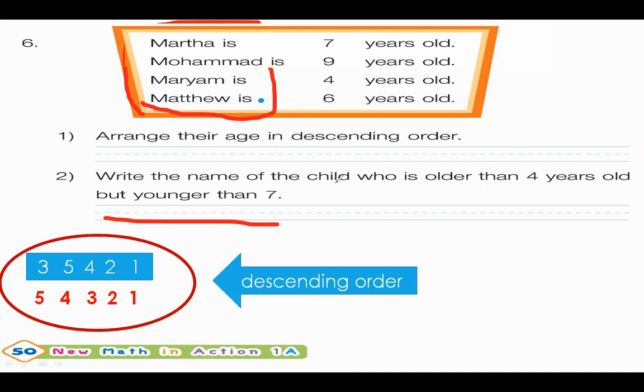Again, a child who is older than 4 and younger than 7. You have to choose who that child is.